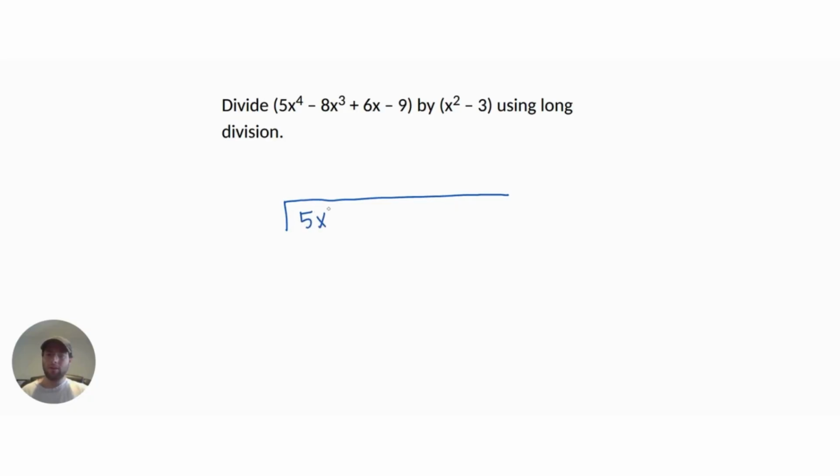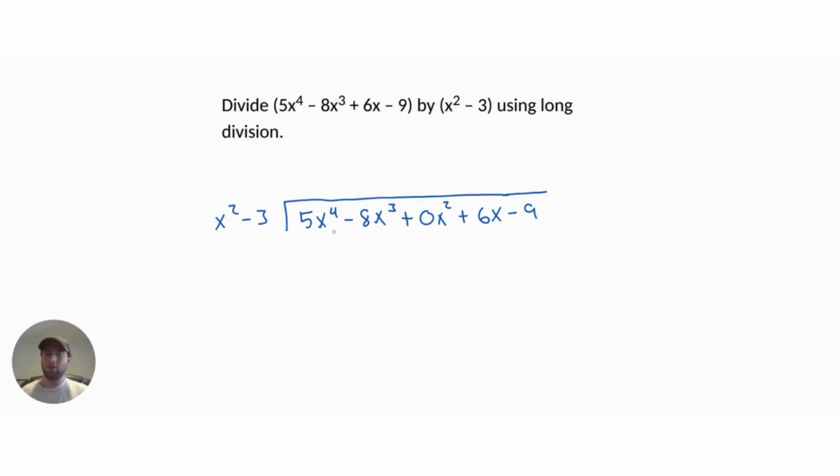We have 5x to the fourth minus 8x to the third. And then for this degree 2 term, let's go ahead and just write plus 0x squared. And that's just going to be the same thing as 0. And plus 6x minus 9. And then outside here, we'll write our divisor, the x squared minus 3.